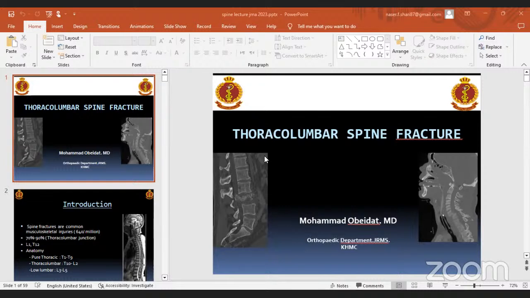الكومبريشن involves one end plate either superior or inferior. Burst fracture is a complete burst or incomplete burst, يعني could involve one end plate or both end plates. But the most important, the posterior wall is involved.